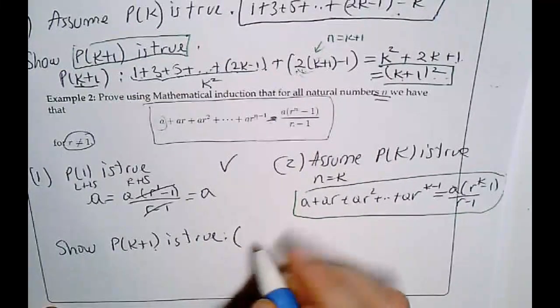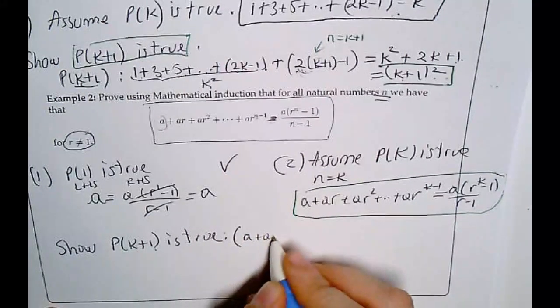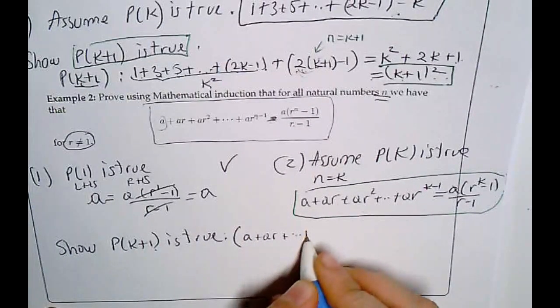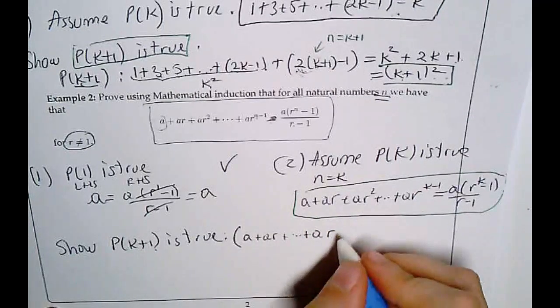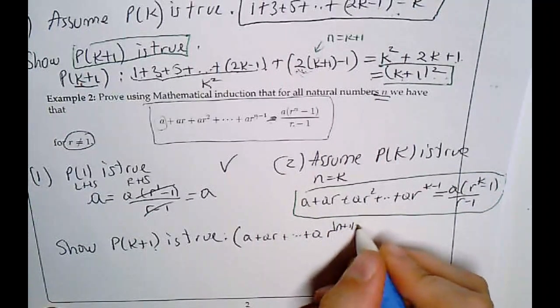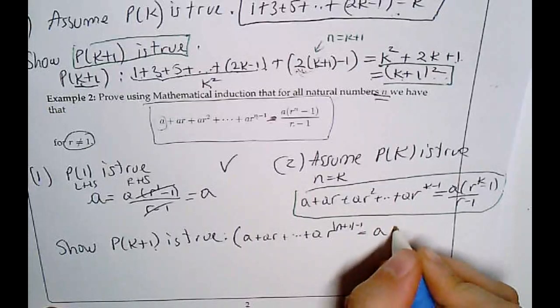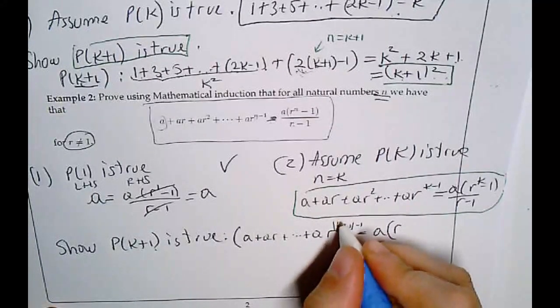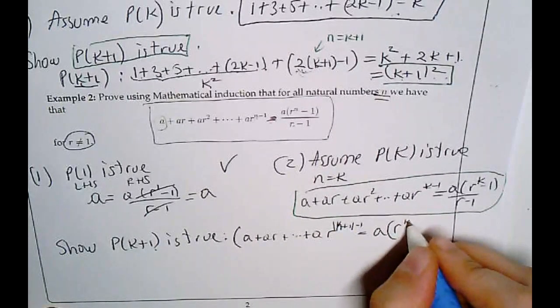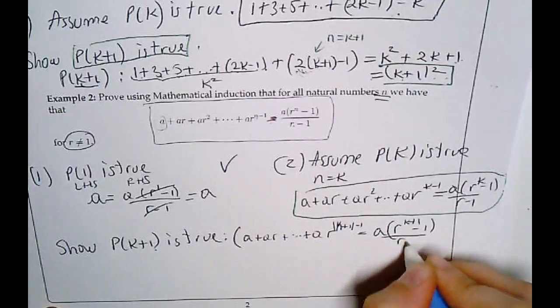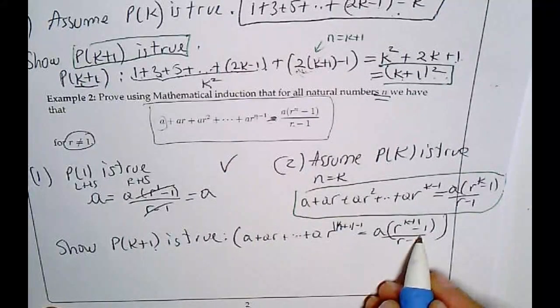So I need to show that a plus ar plus ar to the k, equals a times r to the k plus 1 minus 1 over r minus 1. So this is what I need to show.